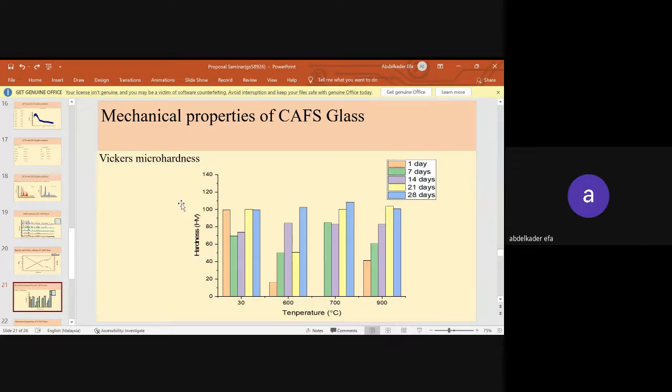Every ratio of the glass sample is varied with aging time from 1 to 28 days. The average Vickers hardness of GIC with different sintering shows the Vickers microhardness of GIC increased with the aging time for all pitch.